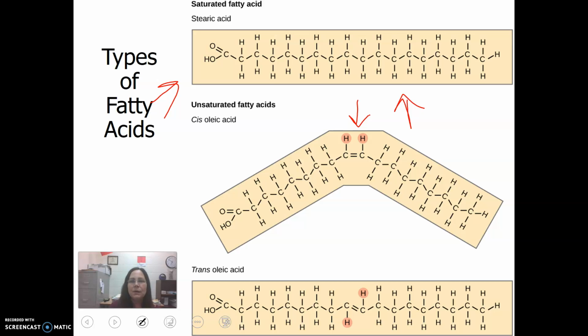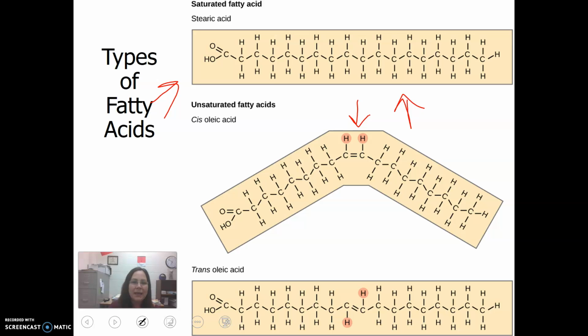And that also results in fewer hydrogen atoms because the double bond removes 2 hydrogens from the chain. And it results in folding. It results in the chain being kind of bendy or foldy, and that makes it tend to be a liquid. Unsaturated fatty acids are usually your oils, and saturated fatty acids are usually your solid fats like butter.